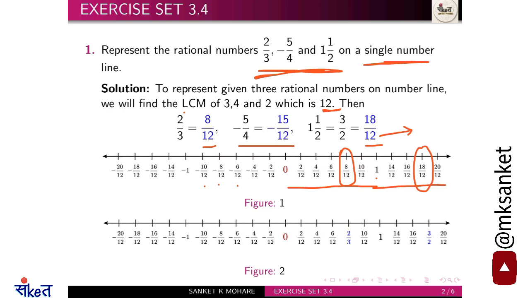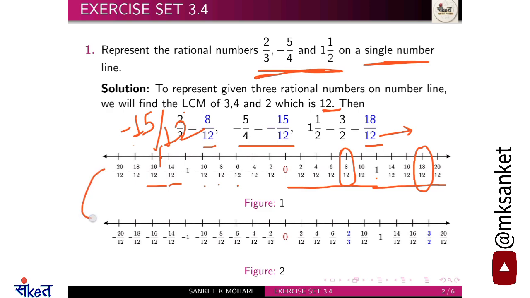As the unit length I chose 2 units. So negative 15 by 12 has to be in between negative 16 by 12 and negative 14 by 12. So here is the location for negative 15 by 12.